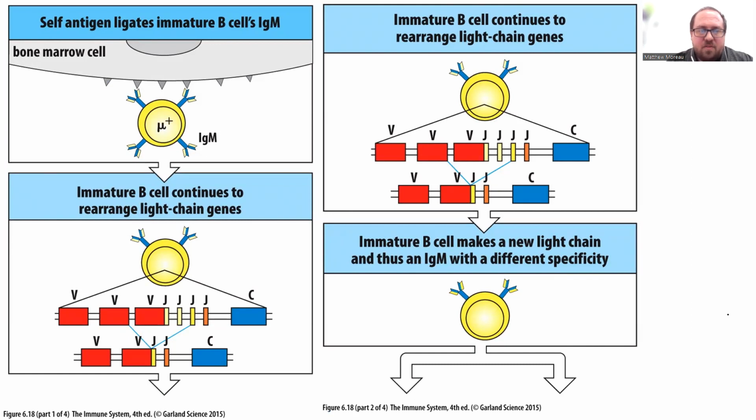Now, the interesting thing about how this works is, again, if you have the bone marrow cell and it recognizes antigen, the immature B cell continues to keep rearranging, very specifically the V and J segments. But again, when it takes out a segment to then religate new segments, all the internal segments in between the two are now gone.